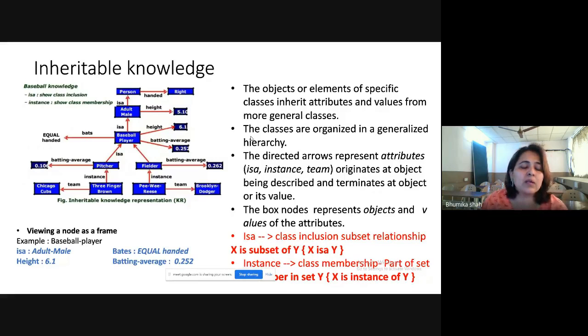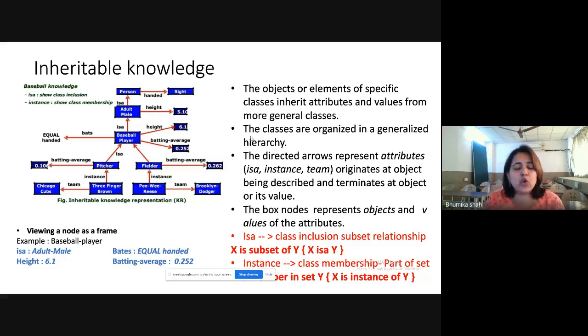Before we discuss the diagram once again, let me tell you that all the boxes, rectangular or square, which we have used over here, indicate either the entities or objects, or the values of the attributes.